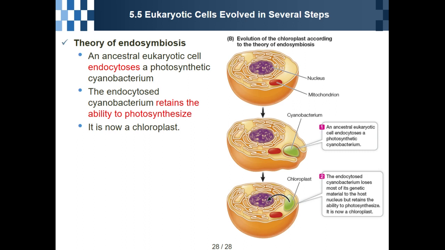But as time passed, they collaborated with each other. The eukaryotic cell provides some nutrient to the chloroplast. And the chloroplast can do photosynthesis, and they can provide ATP to the cells. So they can do endosymbiosis. Symbiosis. In Korean, we call it 공생. Okay? They help each other.